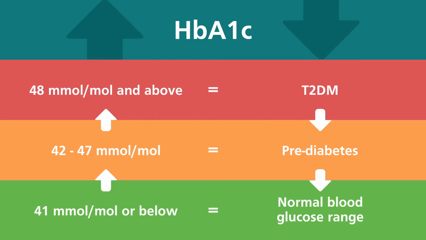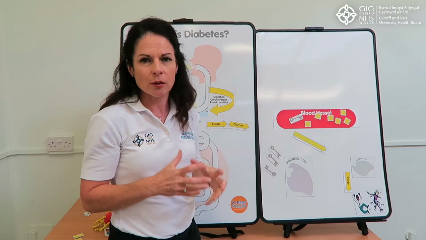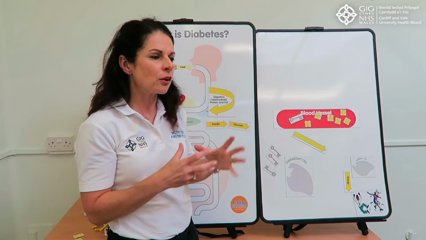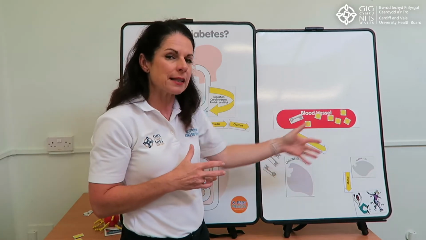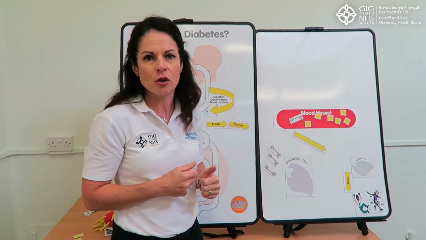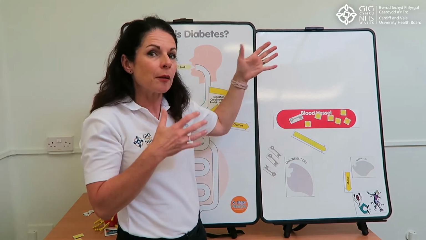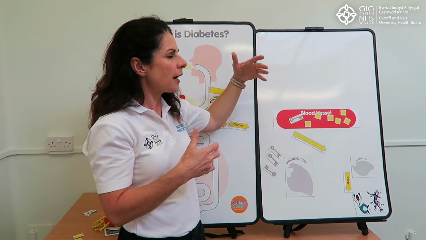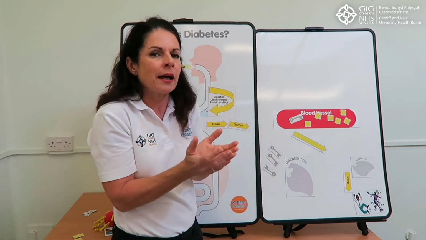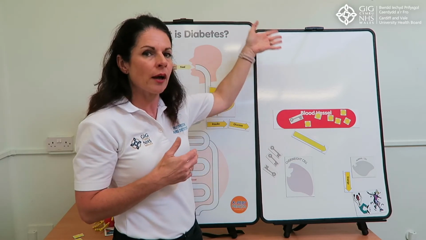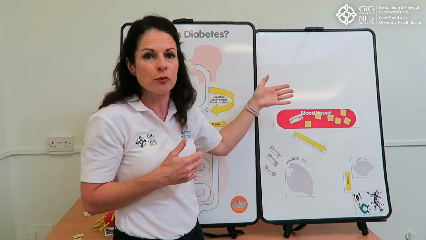But what we'd really like to stress is that this is a two-way street. The numbers can go up, but they can come back down again. What we do know is that with lifestyle management, looking at the types of food we eat and helping to influence how much glucose goes into your blood, you've got the ability to have more control, potentially bringing your HbA1c down to below 48.